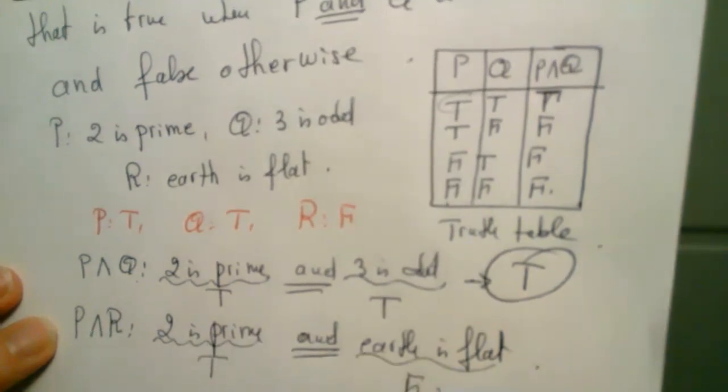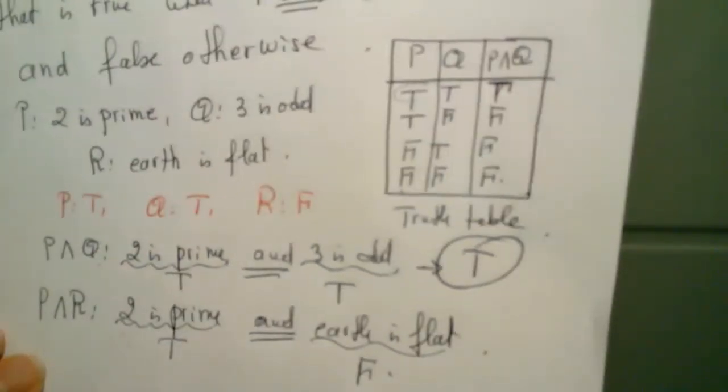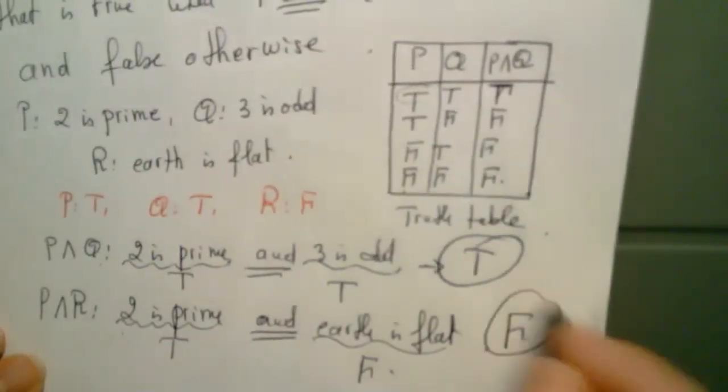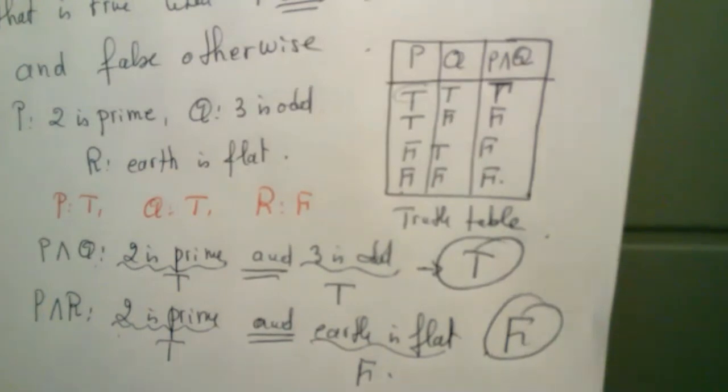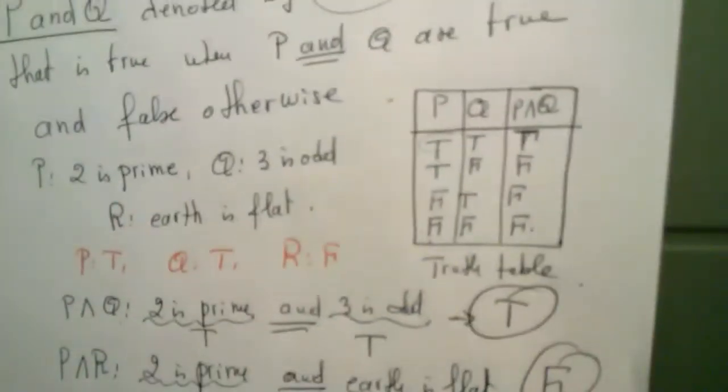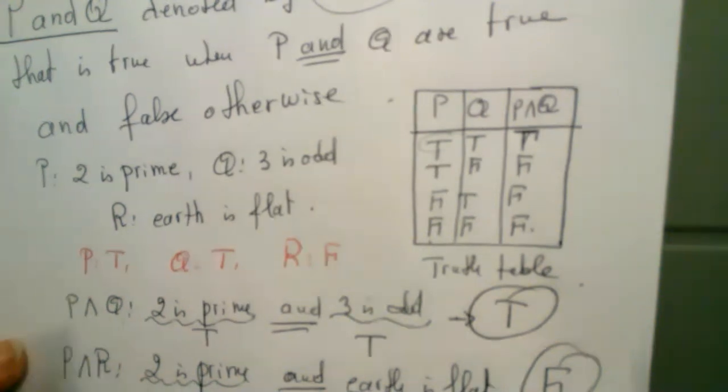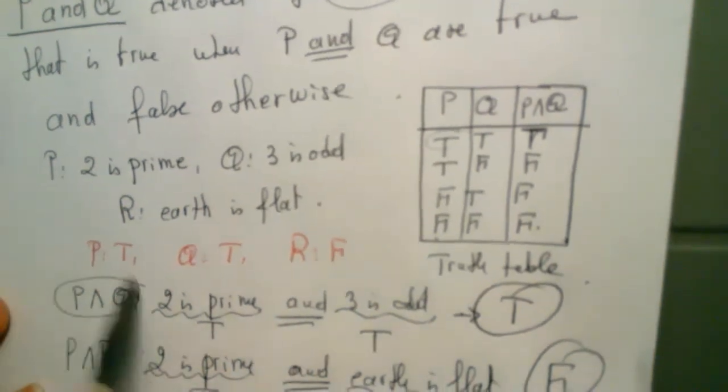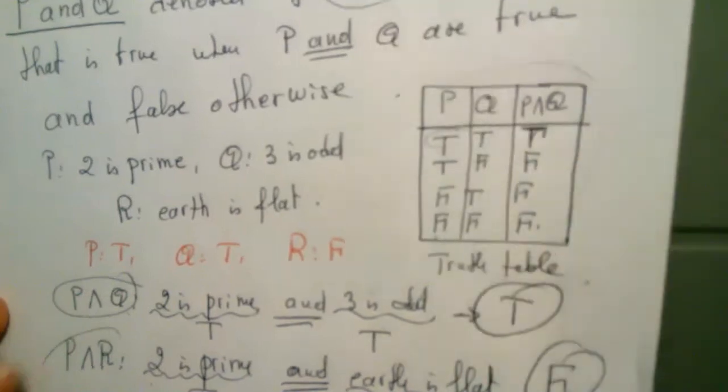This is false. P and R, my new sentence, is going to be false. Unless you are a flat earther. No, not really, I can't be. Okay, so P and Q is a new statement which follows the following rule.